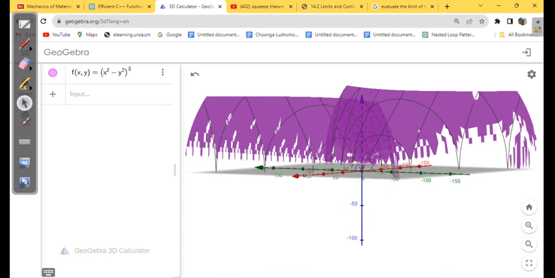That's 1 over 2. So this is 25 minus that.